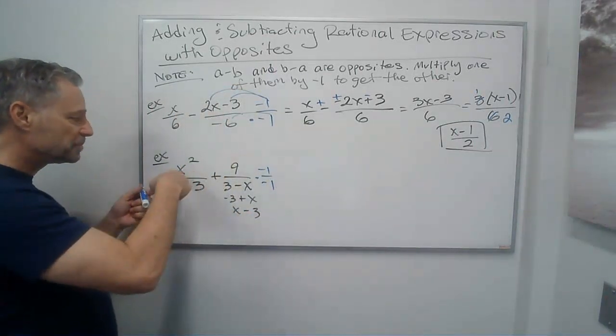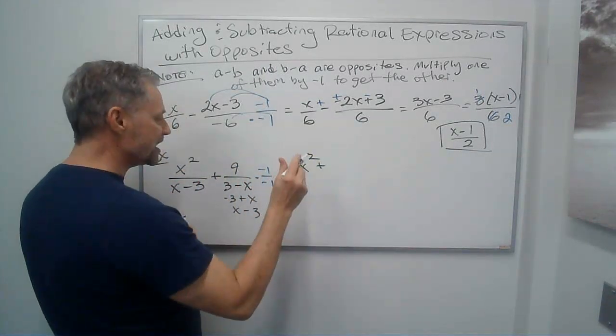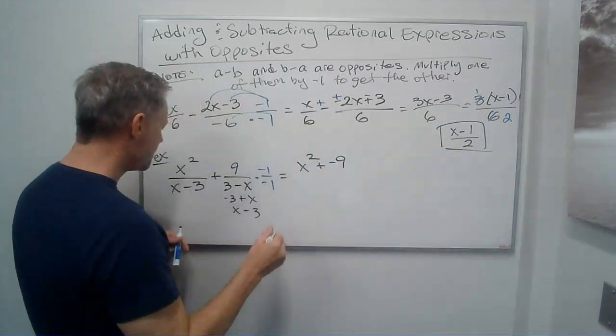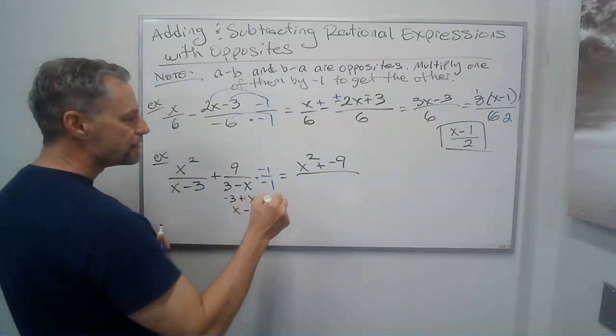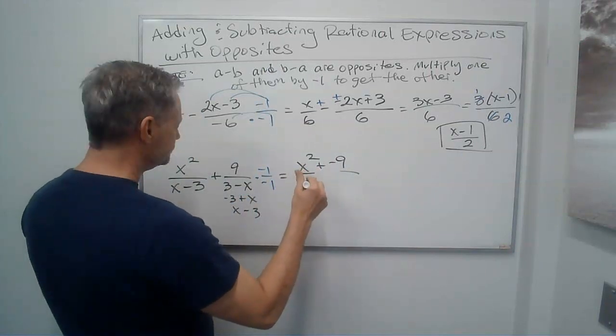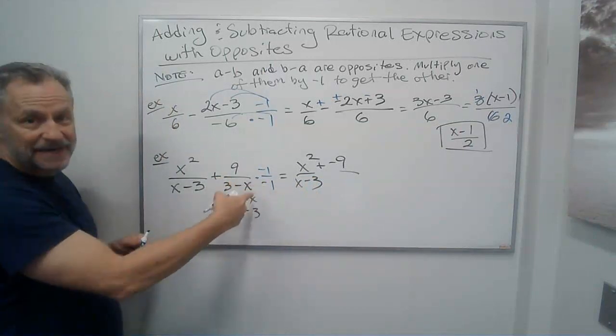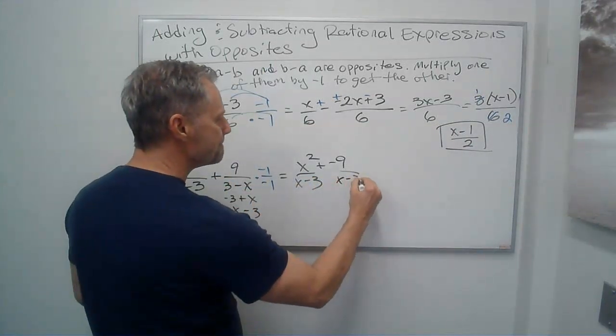So now by multiplying by -1, I have x squared plus -9. And on the bottom, let's do this as two separate fractions. I have x minus 3, and this one, since I multiplied by -1, changed to an x minus 3 as well.